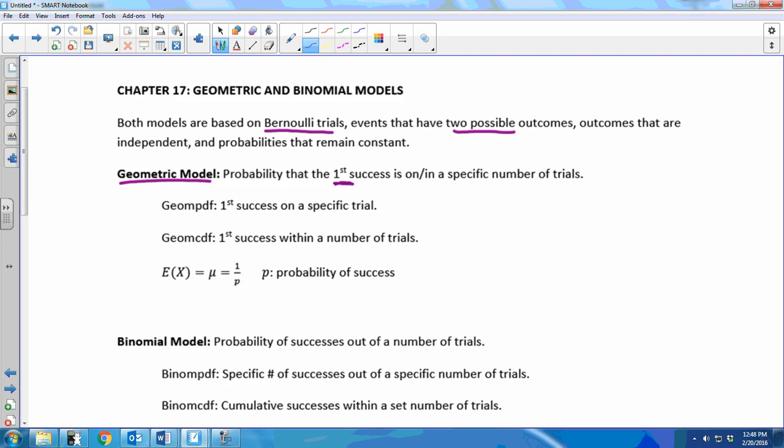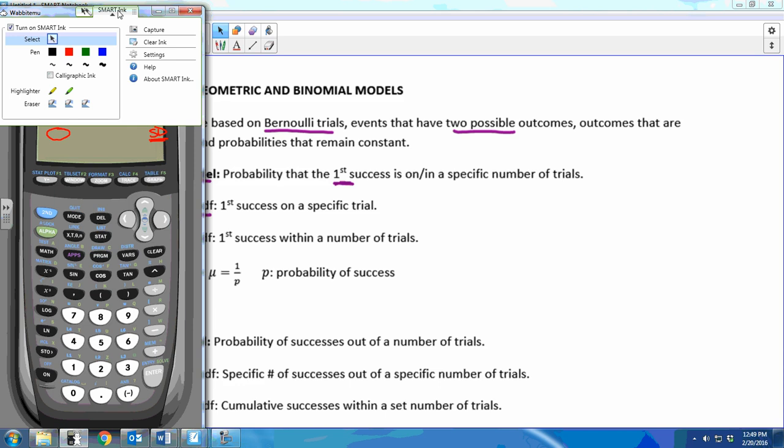So if I asked you, what's the probability that someone makes their first free throw on their 5th attempt? That is a geometric model, right? You'd use geometric PDF to calculate that if you wanted to. You have a probability and then a specific trial number.